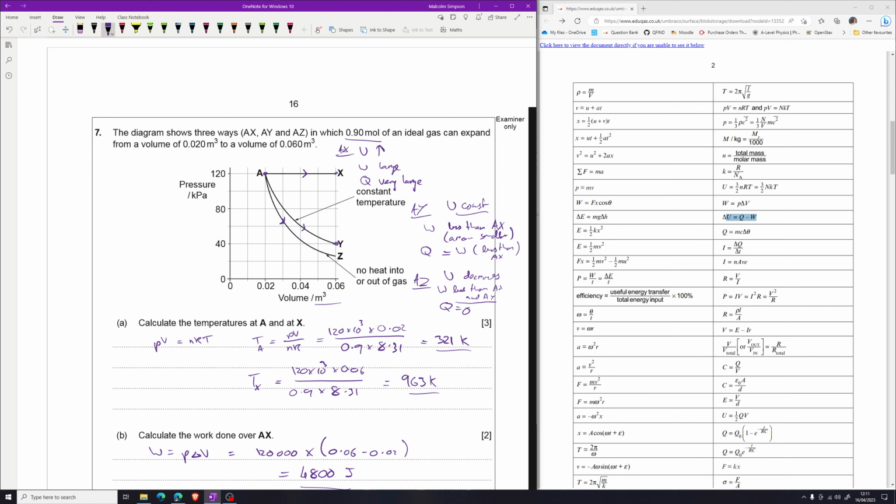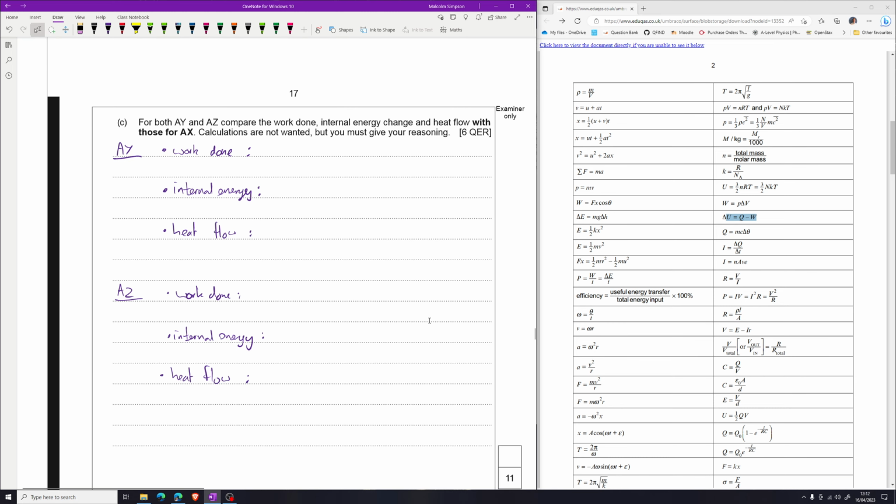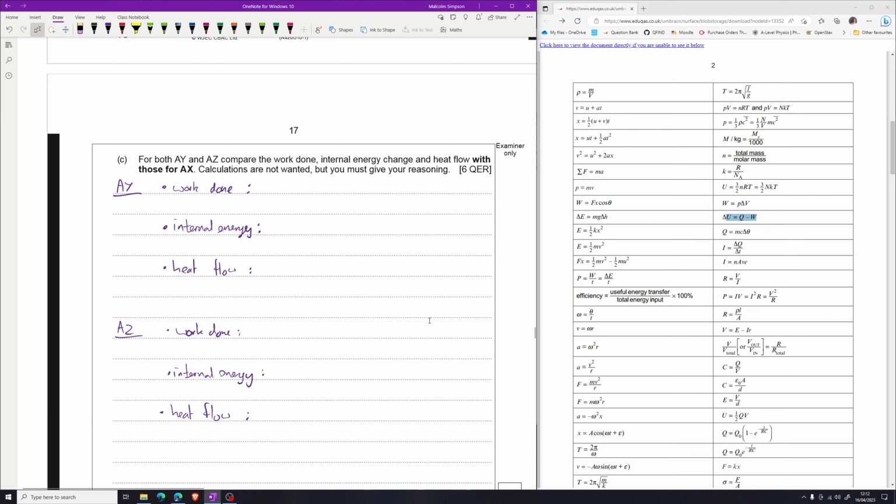Whereas in the case of AX, W was less than the increase in internal energy. Sorry, the internal energy in AX increased is what I meant to say there. Size of it, actually, I can't make a statement about without a calculation.